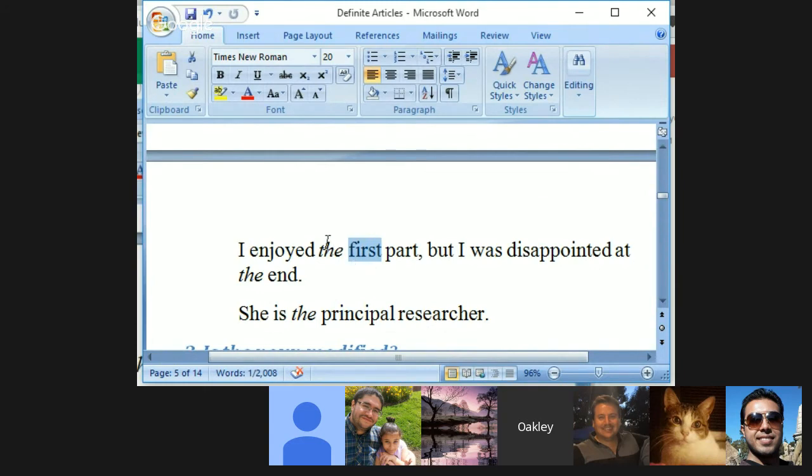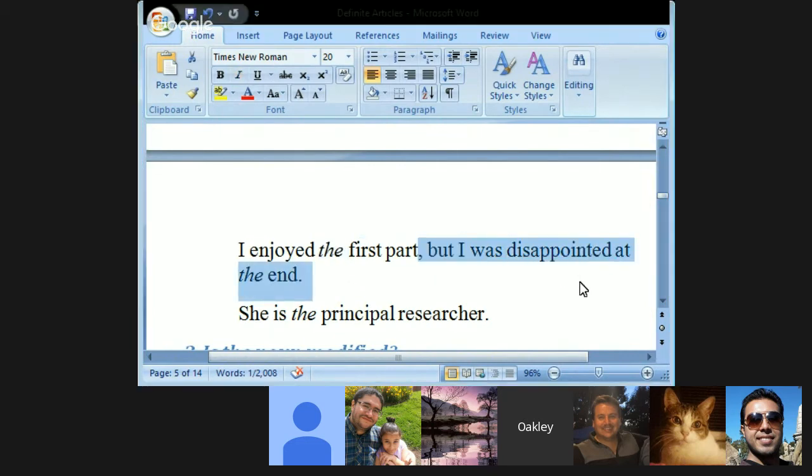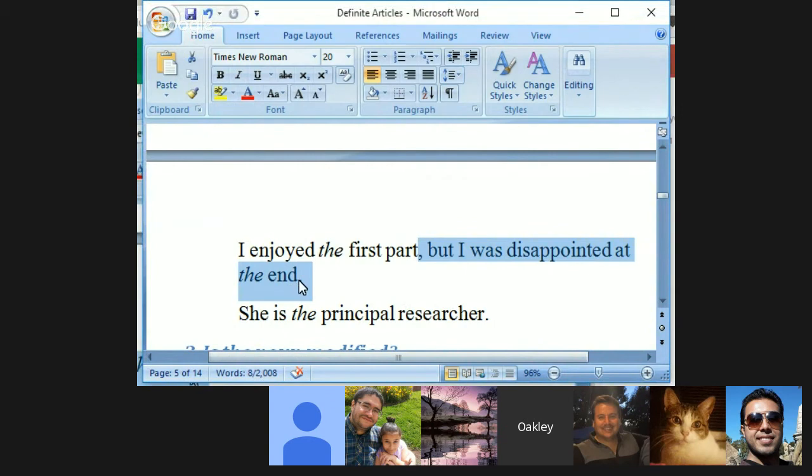So you're going to use the first, the second, the third, the fourth, etc. with ordinal numbers, because there can only be one. The fourth president of the United States was Andrew Johnson. There can only be one fourth president. Notice the end of the sentence, I was disappointed at the end. There can only be one end.